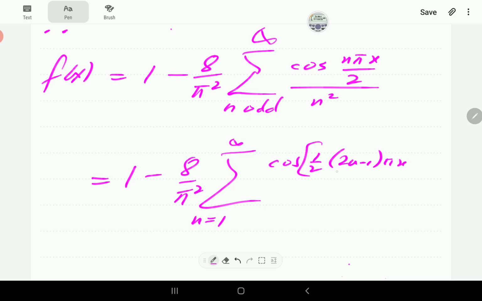You can put brackets here. And then in the denominator, we're going to have 2n minus 1 all squared. So that's going to be the half range cosine expansion.